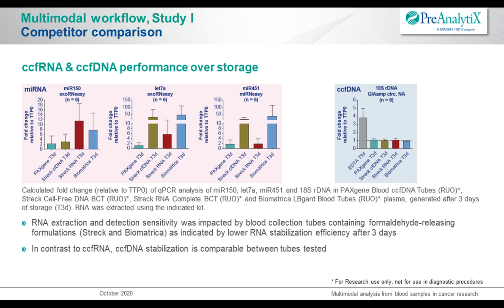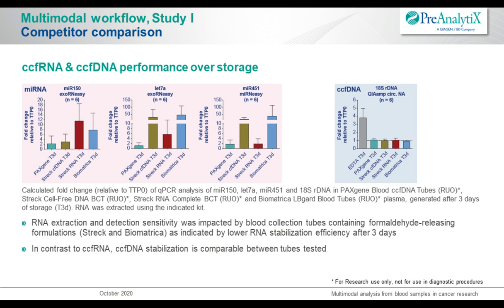So in this part of the study, we looked into what is happening with different tubes. So we looked at our tube again, as well as the 2 Streck tubes, so the DNA, the RNA Streck tube, and the Biomarker tube, and how good the stabilization is in these tubes compared to time point 0.